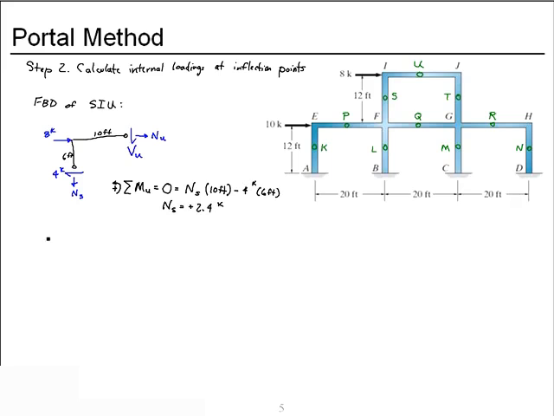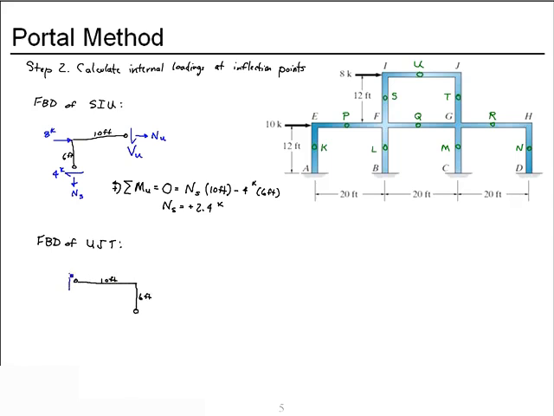Now we'll create a free body diagram of the other piece from the top story, U, J, T. It is also 6 feet tall and 10 feet wide.